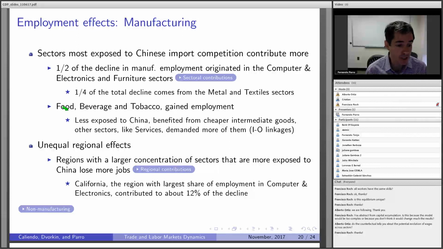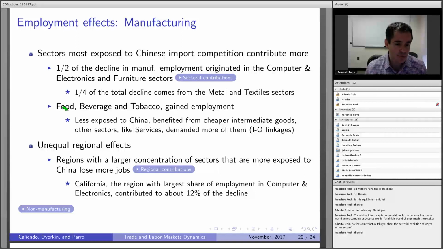We have some sectors that gain in employment, for instance, food, beverage, and tobacco. Again, why? Because food, beverage, and tobacco is an industry with little exposure to China, but it uses a lot of materials from other manufacturing industries to produce.